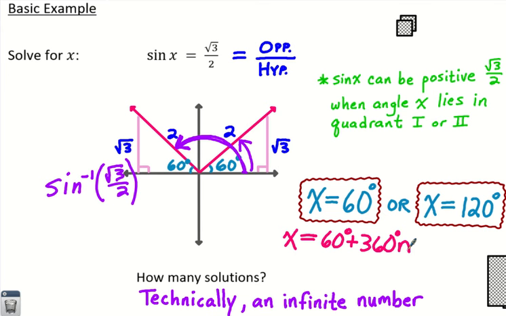So this represents all the infinite answers that are coterminal with 60. And you would also have, in a manner of speaking, another infinite number of answers, 120 degrees plus 360 degrees times n, because you could also have all those coterminal angles for 120.